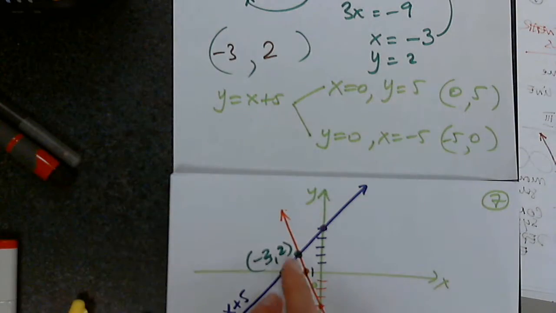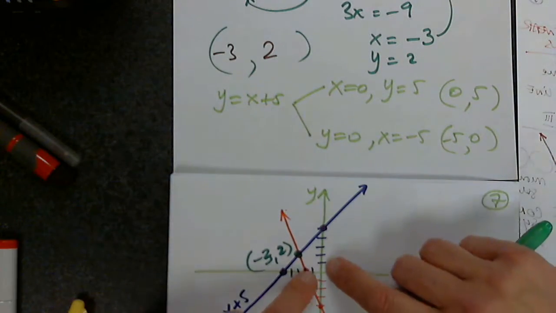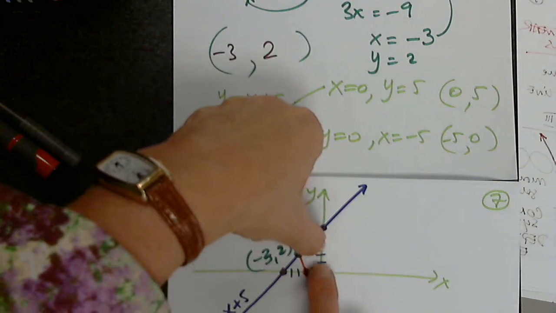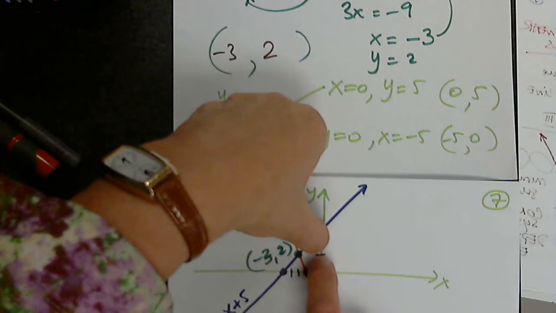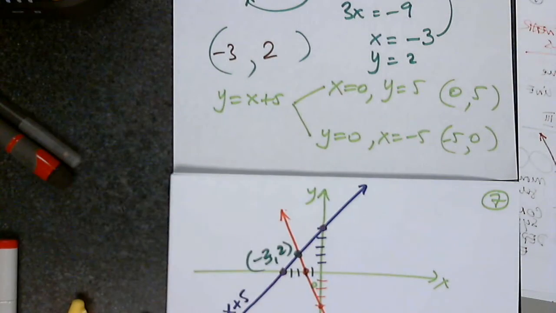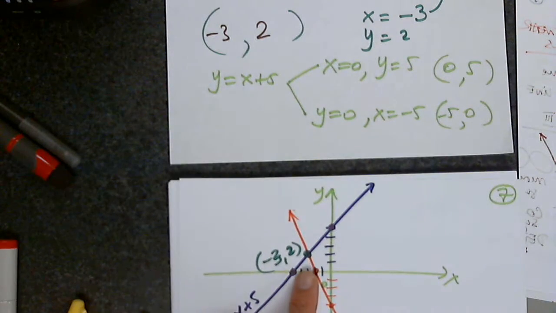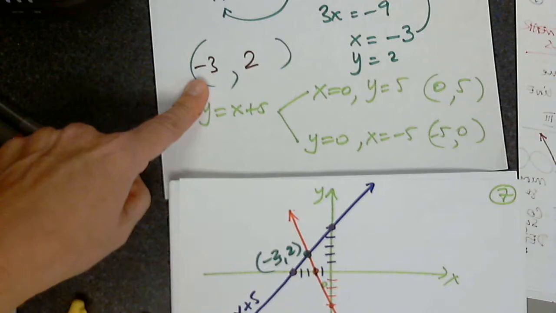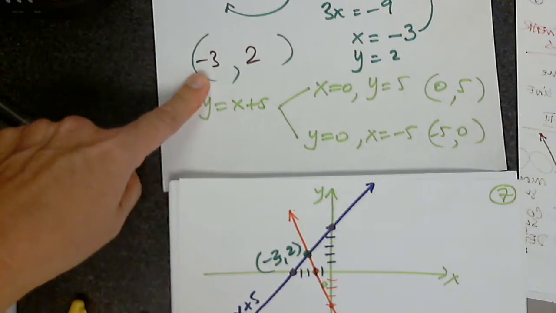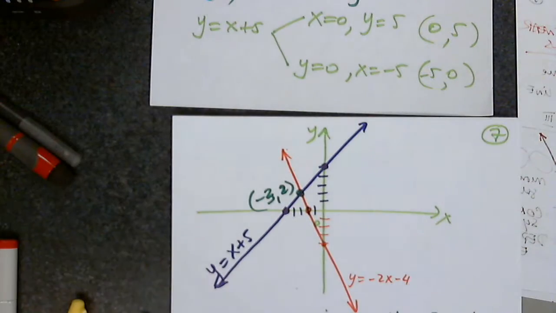It would be very, very difficult depending on, as you see, my unit here is not perfect. It's not the same with this. It's not the same with this. It's very difficult to read from such a graph. But I knew what it was going to be because of my previous algebraic work. And now I don't have to worry about it.